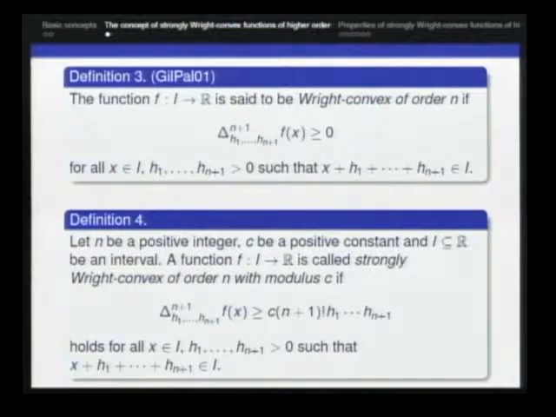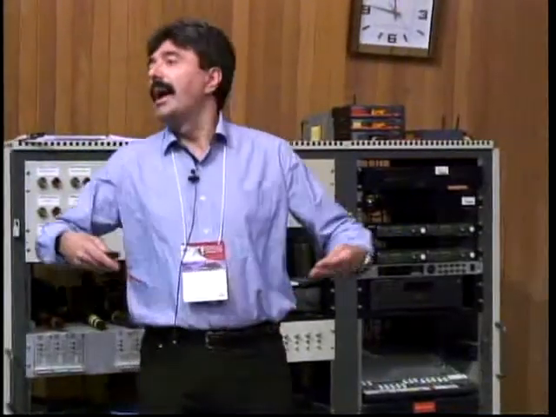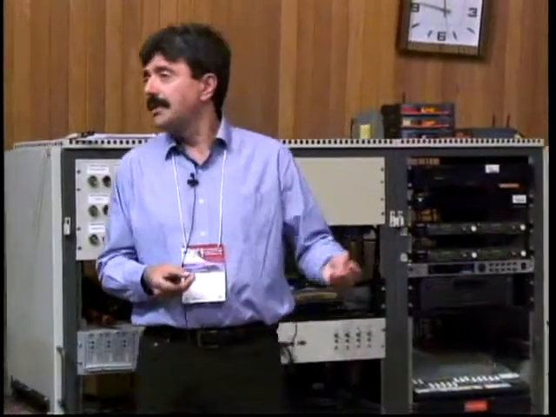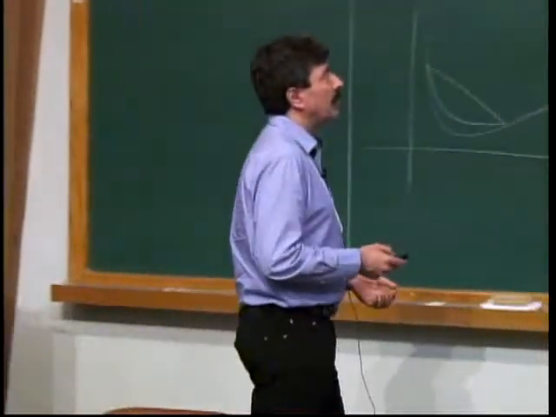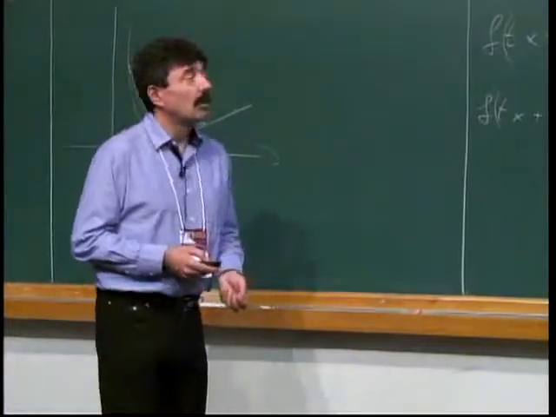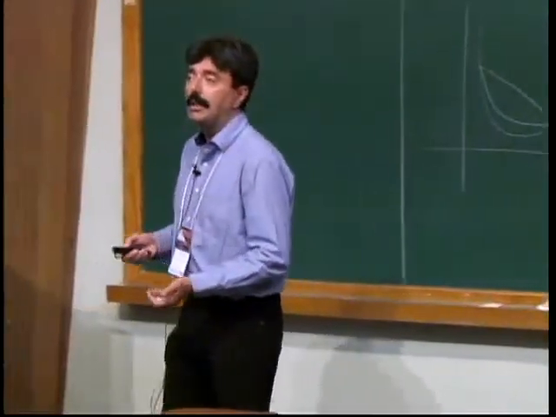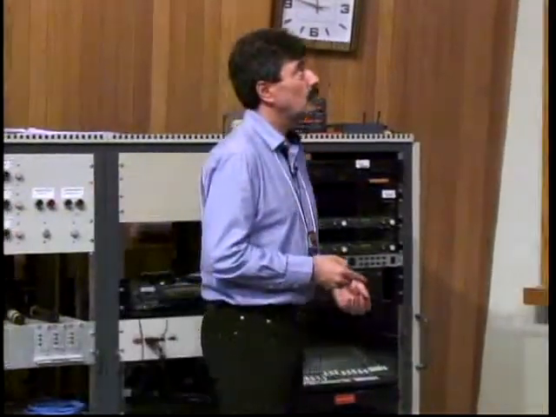So in fact, we can even omit the assumption for the positivity of C. And then we can talk about strong convexity when C is positive, approximate convexity when C is negative, and if C is equal to 0, then convexity, Jensen convexity, Wright convexity, or higher order convexity, and so on, respectively. So maybe in the future it will be better to talk about convexity with the modulus C, and then we don't have to assume the positivity of C.